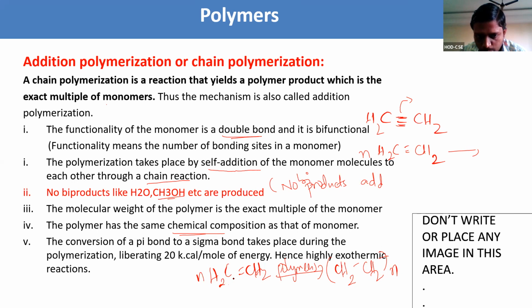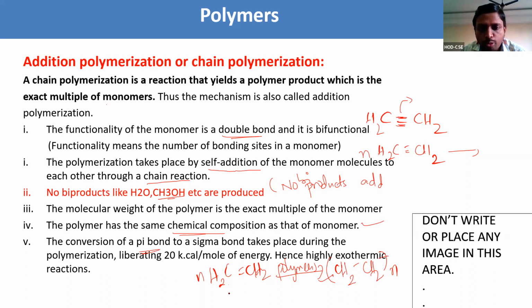CH2=CH2 on polymerization produces n chains of CH2. The polymer has the same chemical composition as that of the monomer, and here the pi bond is converted into a sigma bond.